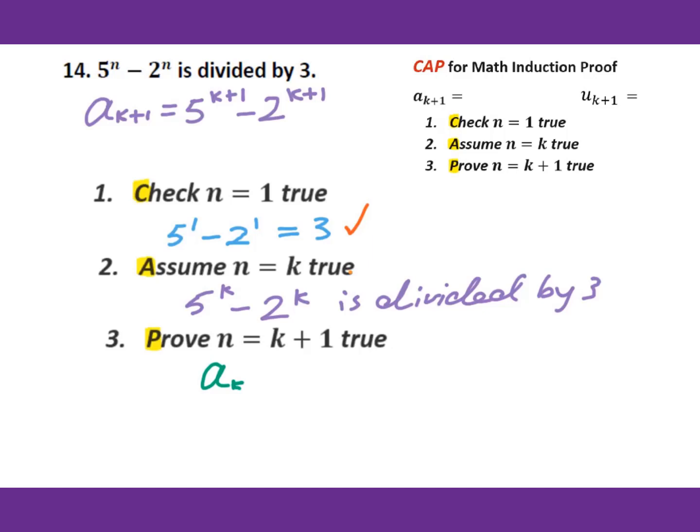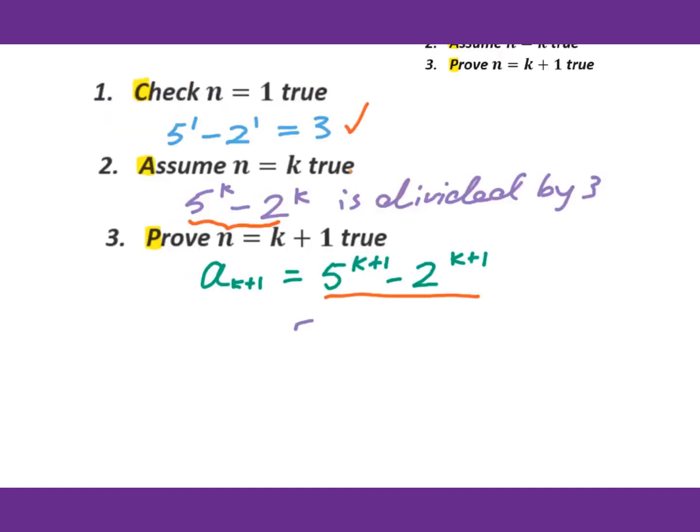And we know a sub k plus 1 equals 5 to the k plus 1 minus 2 to the k plus 1. You have to make this statement into this one. Therefore, I will create 5 to the k's power times 5 to the first power minus 2 to the k's power times 2 to the first power.